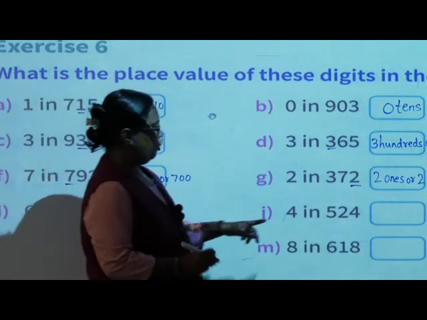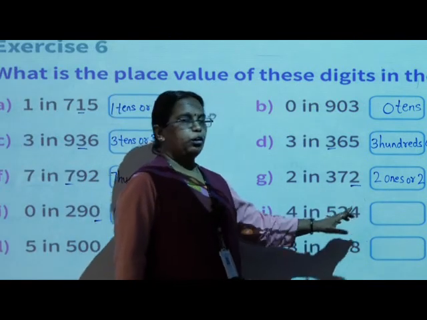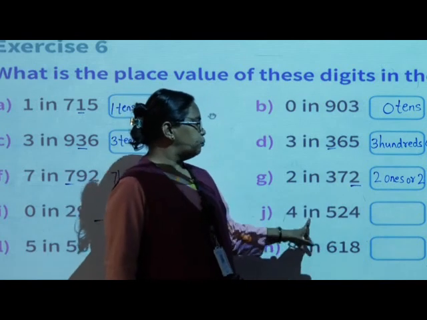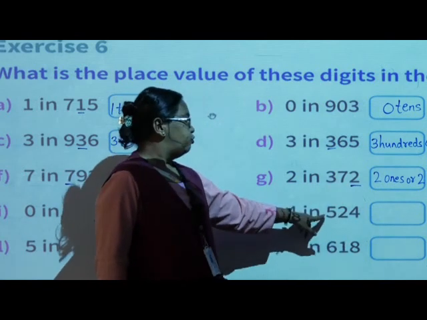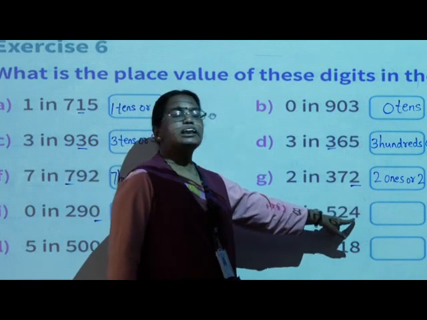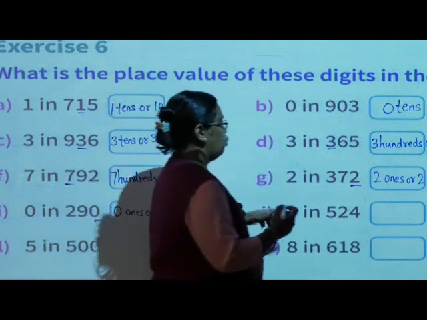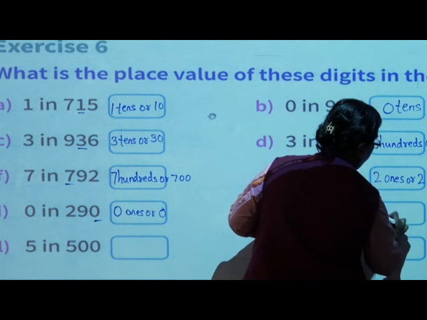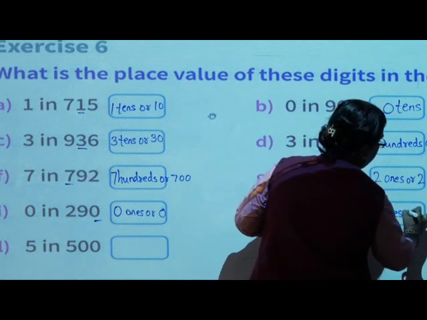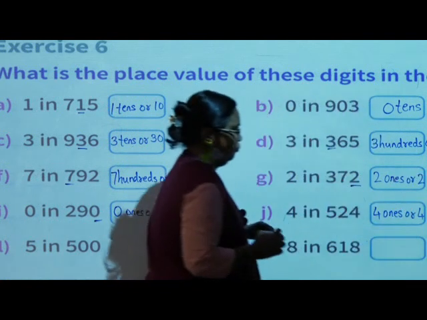Now 4 in 524. Now we want to tell the place value of 4. 500s, 2 tens, 4 ones. So 4 ones or 4.